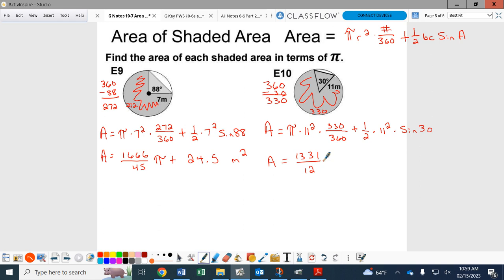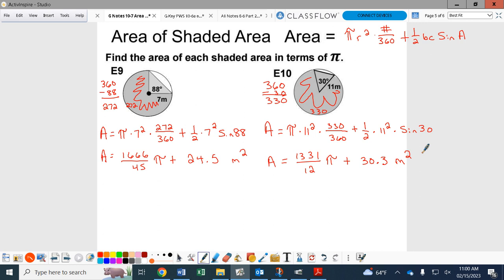So it's going to be 11 squared times 330 fraction button 360 second fraction button equals 1331 over 12. That's what I got. Okay, and that would be pi plus what do y'all get for the second part? 30.3, and that would be meters squared. There we go.